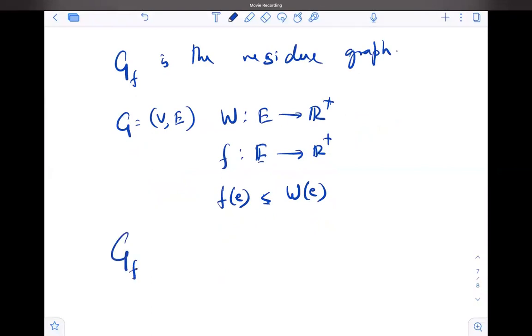Now, what is the residue graph? In this residue graph, we will come to the edges first. So for all UV, the weight of UV is how much? The weight of UV is the amount of flow left over.